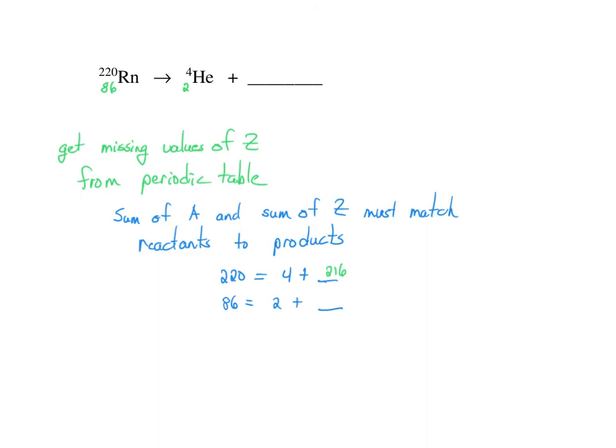That unknown value has obviously got to be 84. Finally, we go to our periodic table to see which element has an atomic number of 84, and we see that that element is polonium. So we know that our nuclide product is going to be polonium 216.